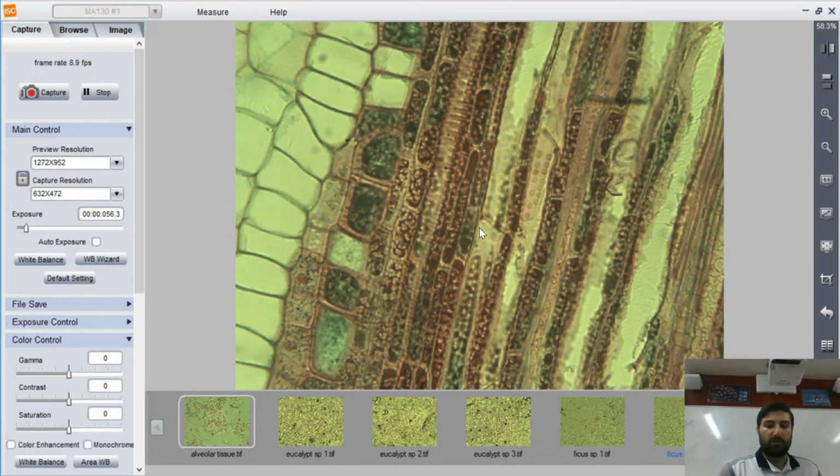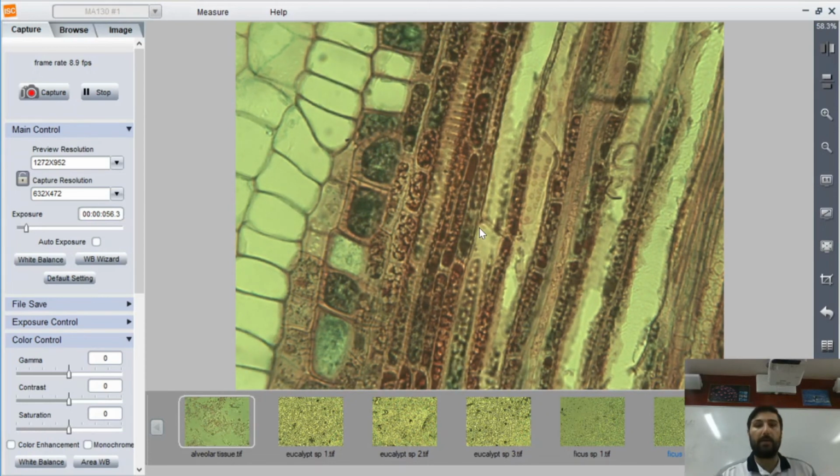It's also interesting to note what the difference is between that cross section, the transverse section, and this longitudinal section. Do they both give the same amount of information? Do you need both to learn about the structure of xylem and function, or can you do it without? And how do these digital images increase your understanding? That really is the focus.